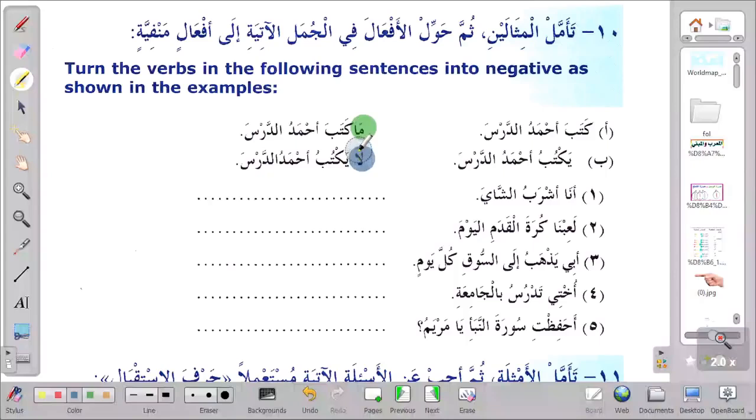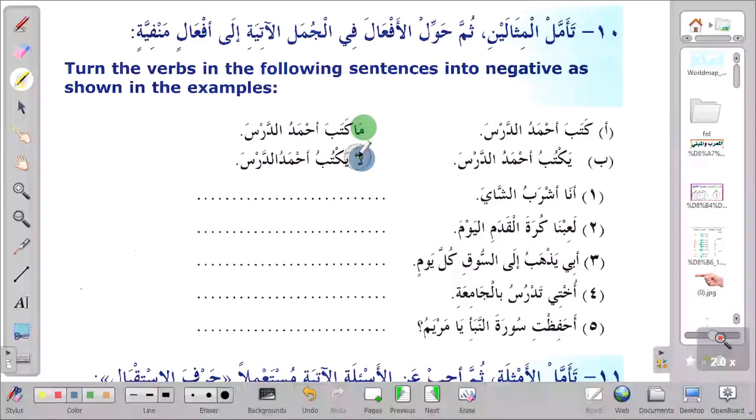Okay, let me give you an example. If I say that I didn't write, I'll say ma katabtu. I didn't write. I use ma because the verb is past tense. Now if I want to say I am not writing at the moment, I will not use ma.